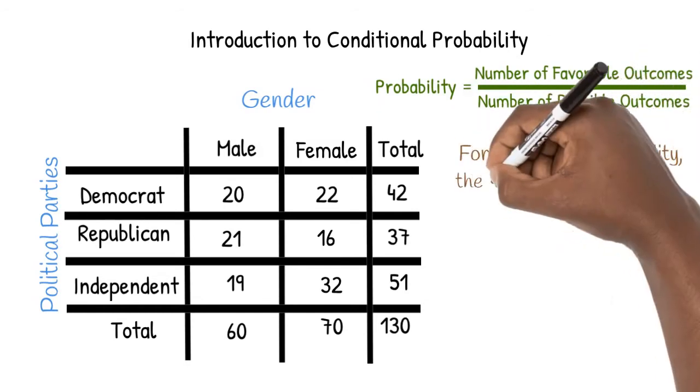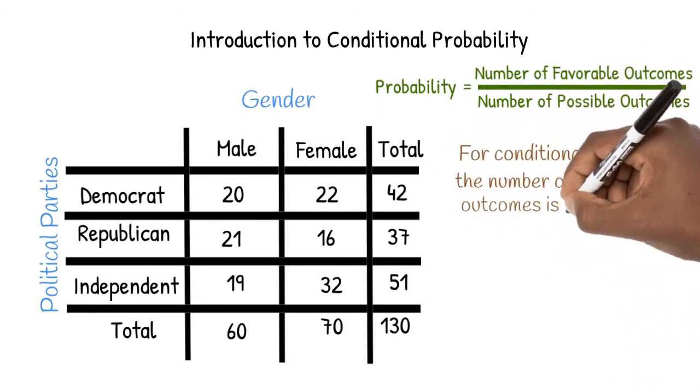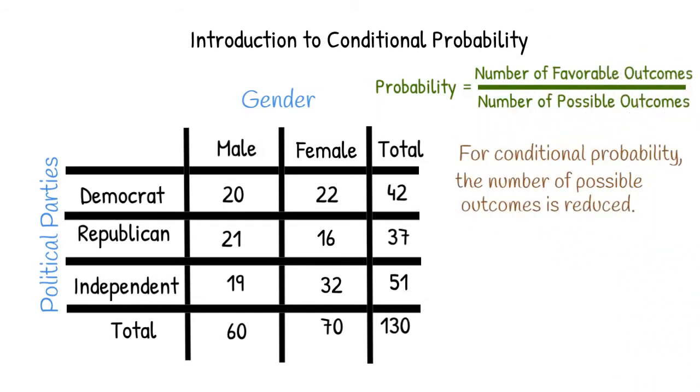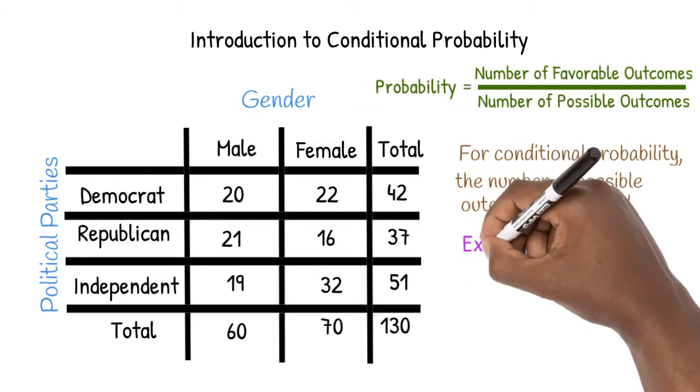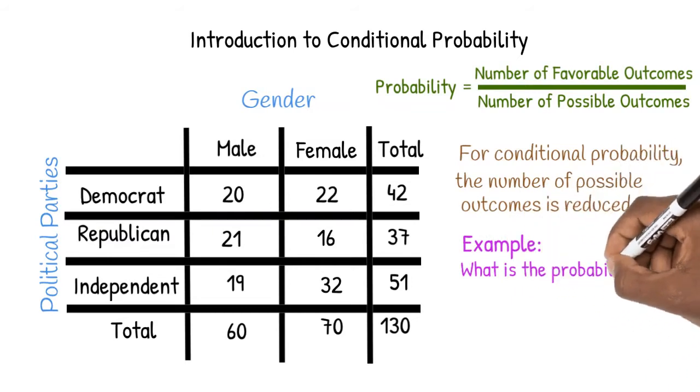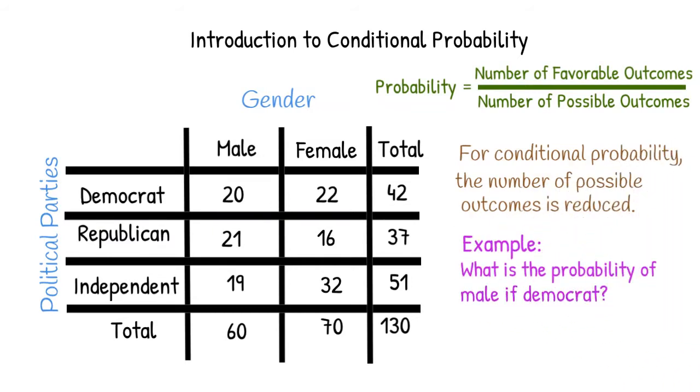For conditional probability, the number of possible outcomes is reduced to account for a specific category or categories. For example, what is the probability of picking a male if it is given that we know the person selected is a Democrat? Since we know the person selected is a Democrat, the number of possible outcomes is no longer 130.